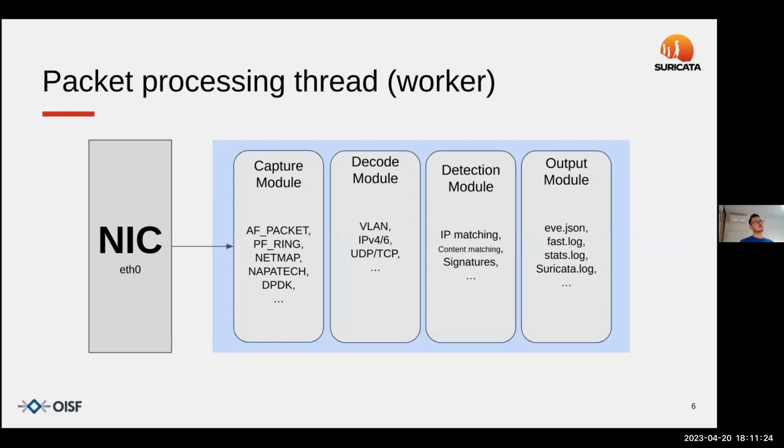Then when the packet is received in that capture module, Suricata passes the packet to the decode module, where the packet is decoded into VLAN, IP address, UDP, TCP ports, etc. Then when this packet is decoded, it goes through the detection phase, the detection module, where it's matched against the signatures with IP matching, content matching, and some other fields as well.